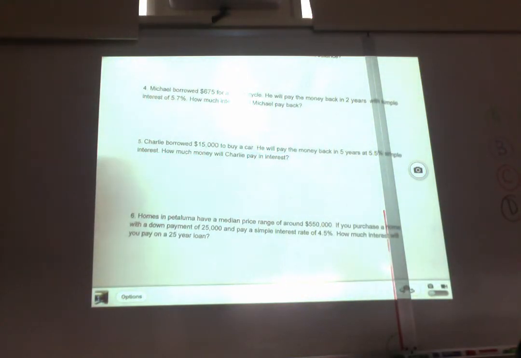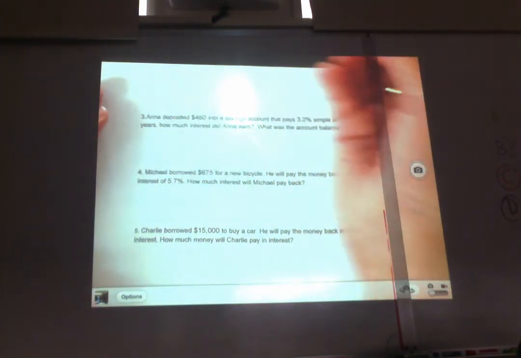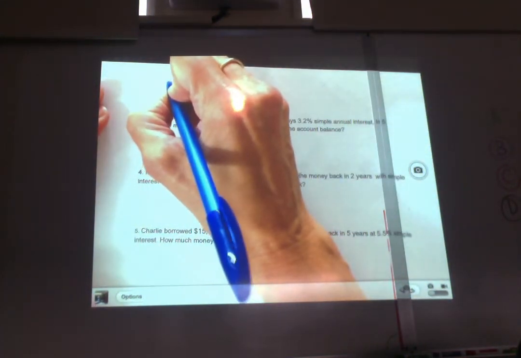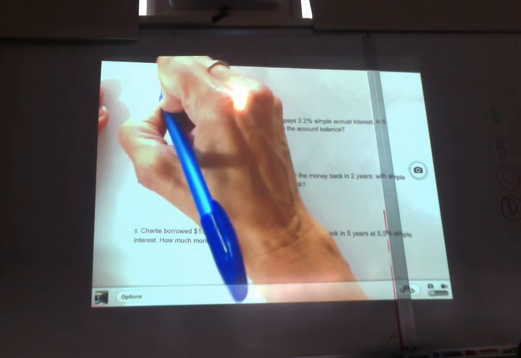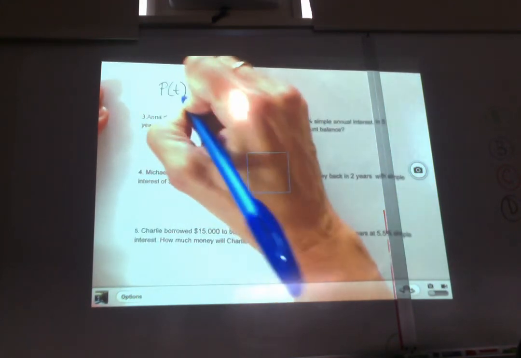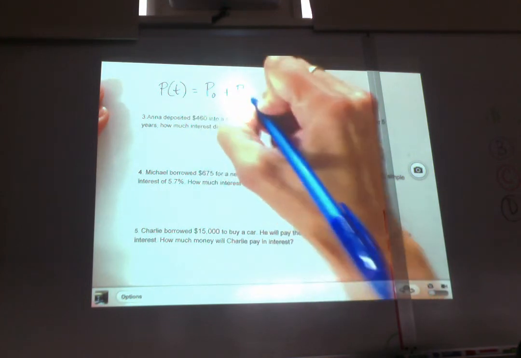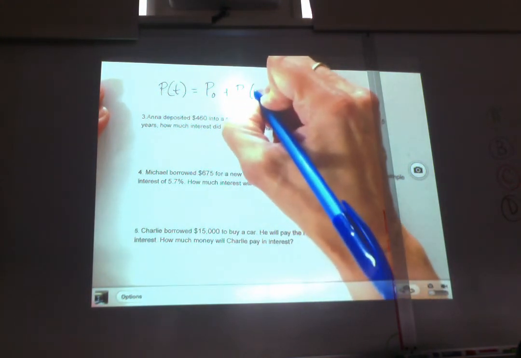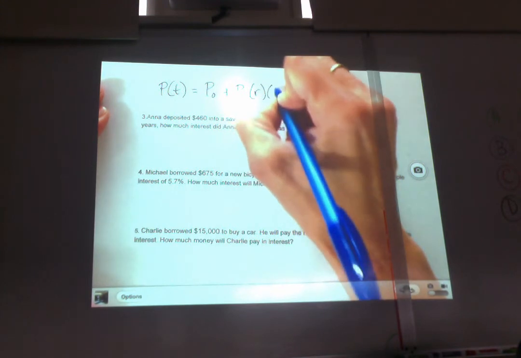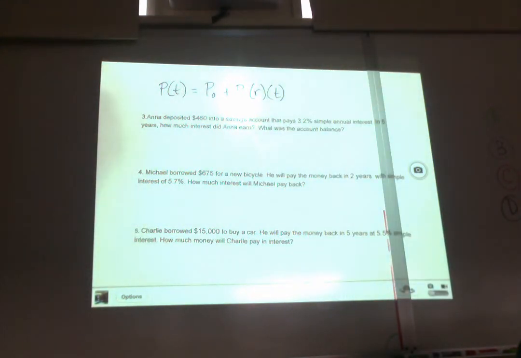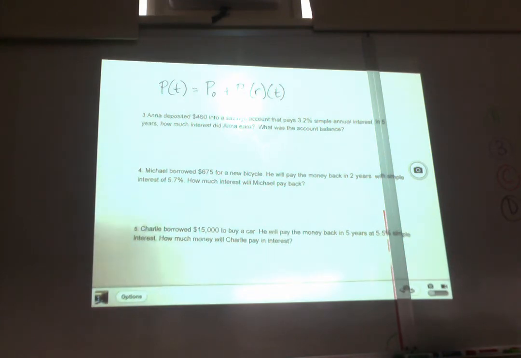Flip it on over. Right now, at the top of the page, write the formula. P of T equals. There's your formula.